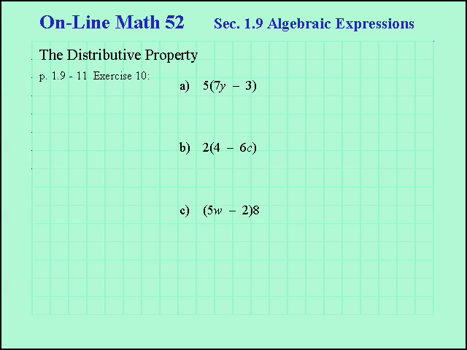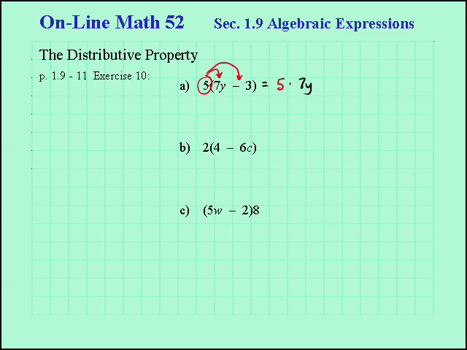But basically what happens here, this is 5 times y. It's the 5 times that will distribute to each term. So I could write it all out. I could say 5 times the 7y, and this gets a little bit confusing when I write it out this way.